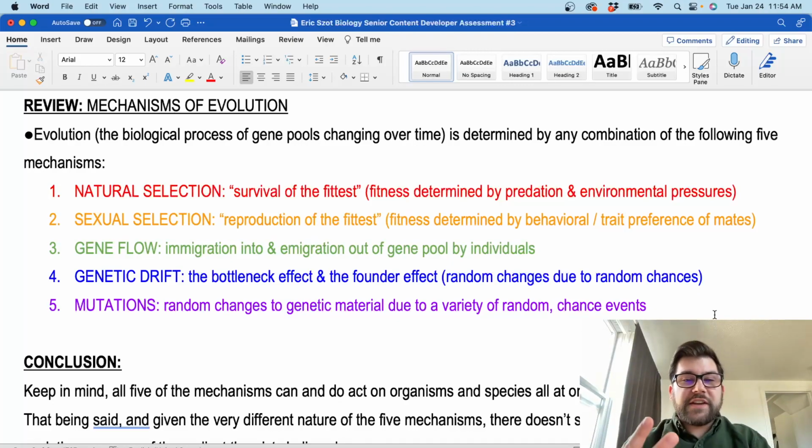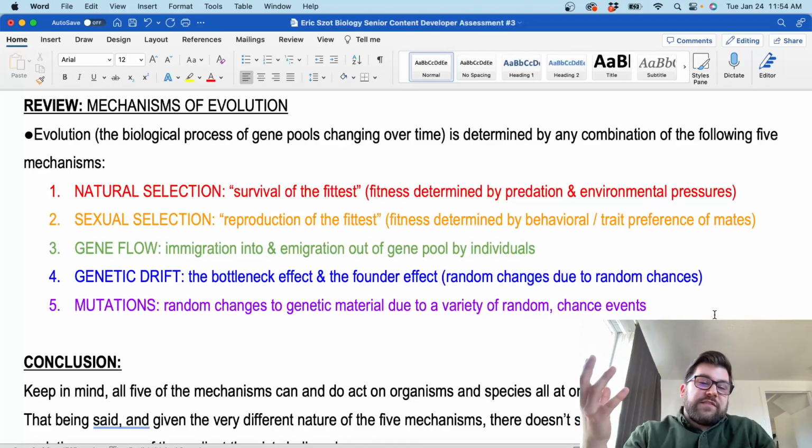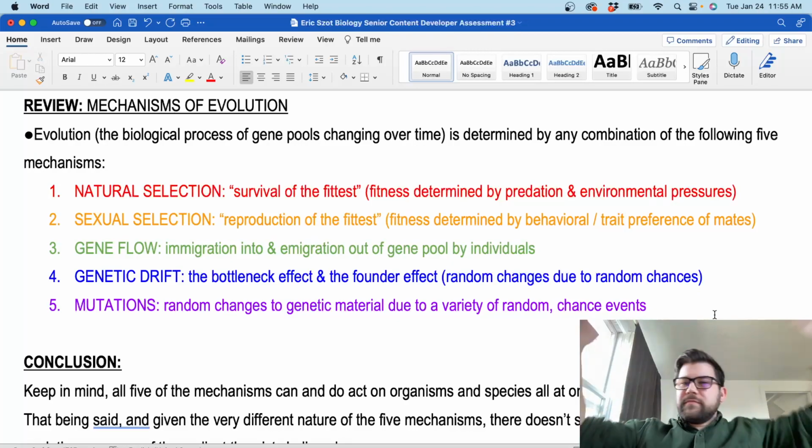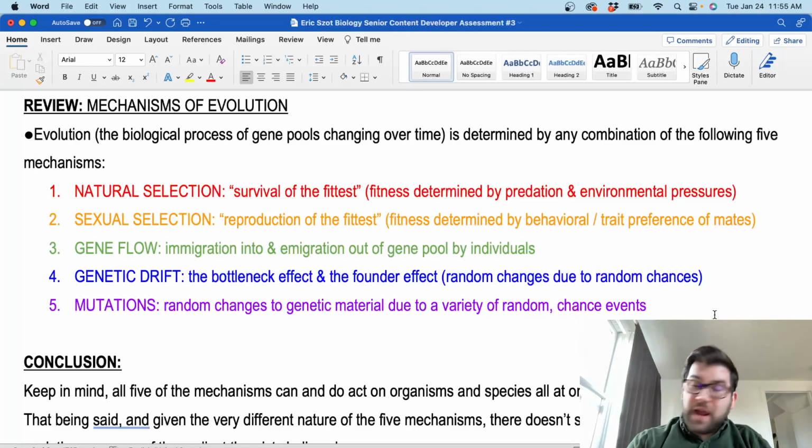We have sexual selection, just being chosen to mate with based on preferred behaviors or traits. We have gene flow, immigrating into and emigrating out of gene pools. Genetic drift, where we got those 2 effects, but all due to random chance events. And mutations, at the DNA level, the protein level, the chromosomal level, due to something genetic going wrong in your body or some environmental effect. All of these things, in some combination, change the gene pool over time.